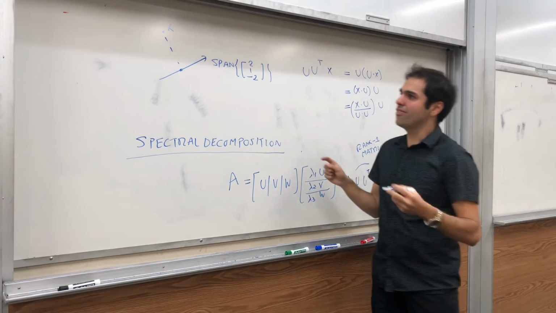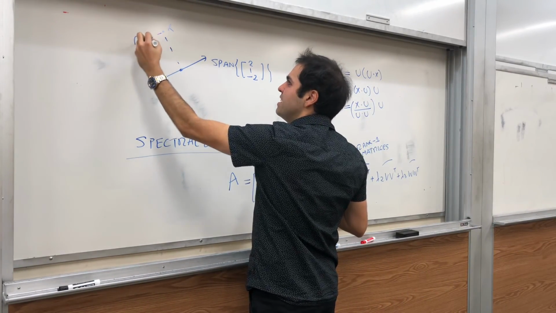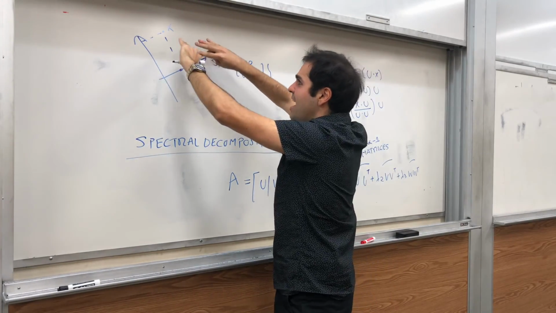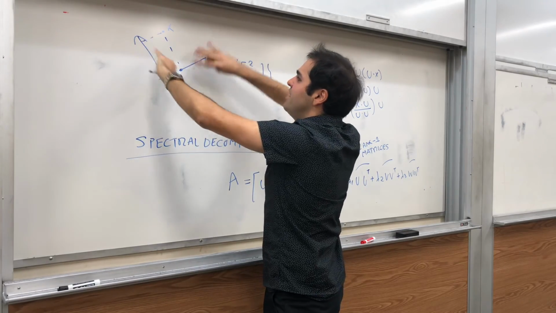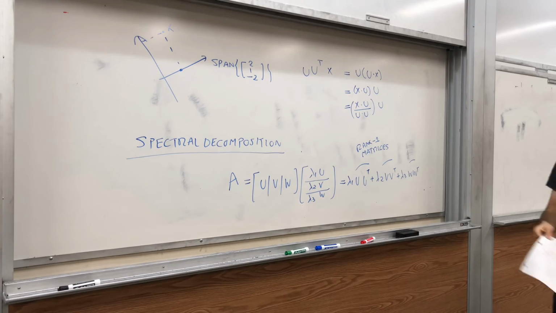Think of one eigenspace being here and another eigenspace being here. Then basically this takes X as an input and decomposes it as 3 one-dimensional projections.